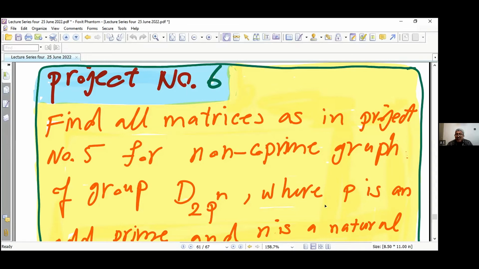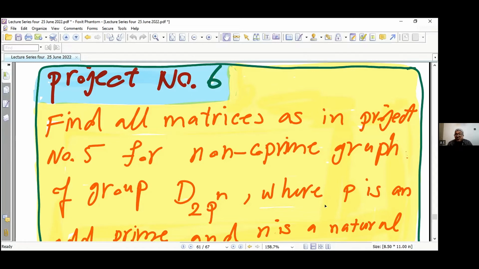Now, if we have 2 vertices, for example x and y, we say that x is adjacent to y in the non-coprime graph if the order of x and the order of y are not coprime.